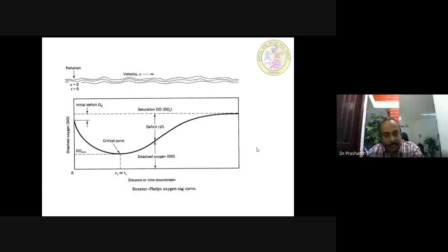This is coming down like this. Then as the river is moving, I told you, zone of degradation, zone of active degradation. The critical point is nothing but the zone of active degradation, up to there it is coming. The river is moving, and the pollutants we have thrown are also moving with the river.